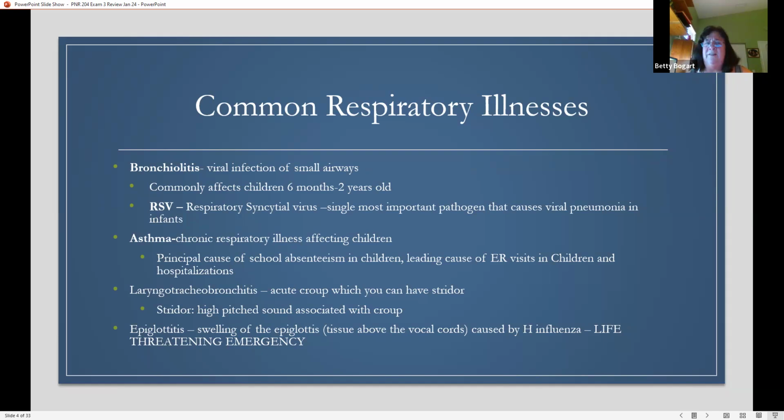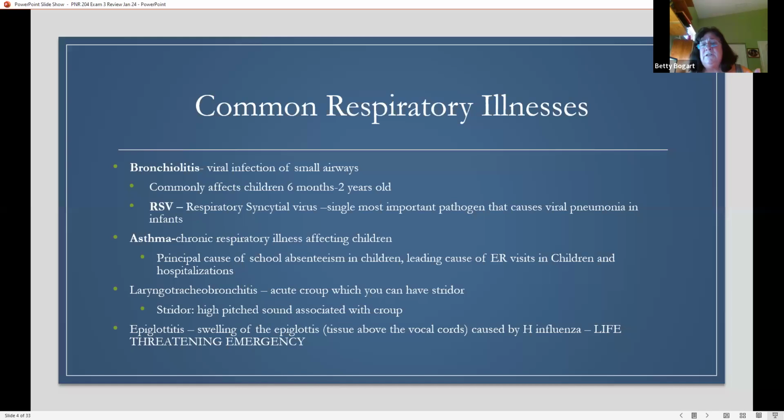Why? Well, what does it do? It collects mucus. Can you breathe? No. For an infant, sucking, swallowing, breathing, even at 6 months is pretty hard. So RSV in some children can really cause harm, especially if they have another comorbidity, like a cardiac condition, right?